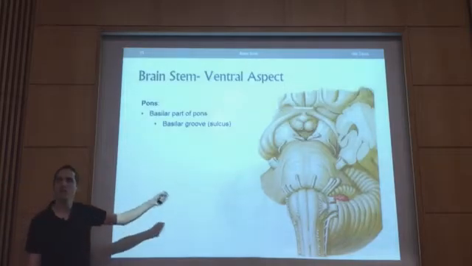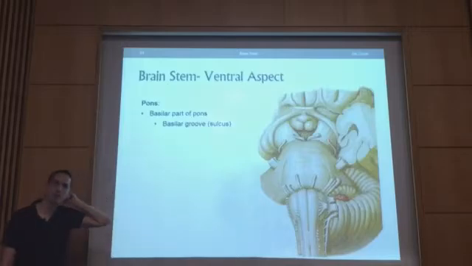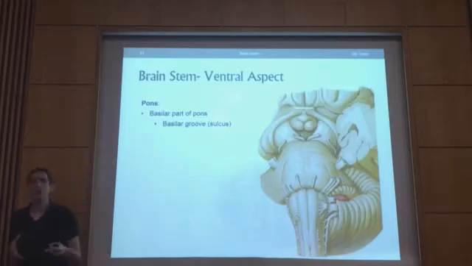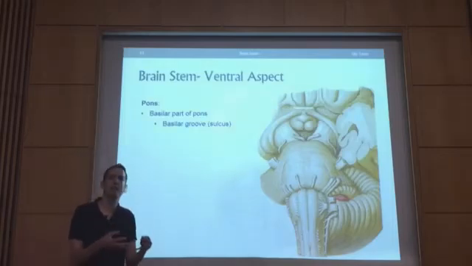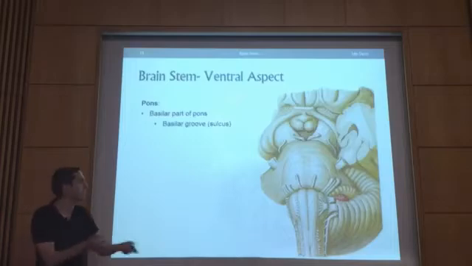And did you talk about blood supply yet? No. Yeah. The basilar artery. Exactly. So this is the location of the basilar artery. If you remember, there's a lot of arterial blood that comes from both vertebral arteries, which join together into one large basilar artery.